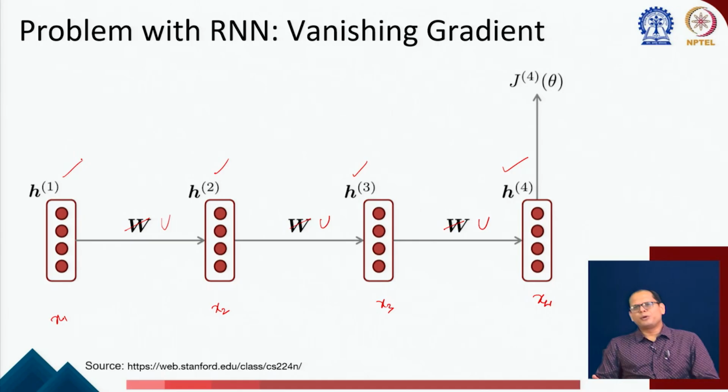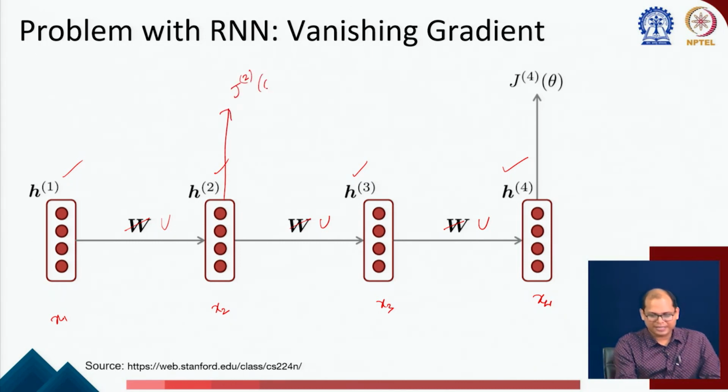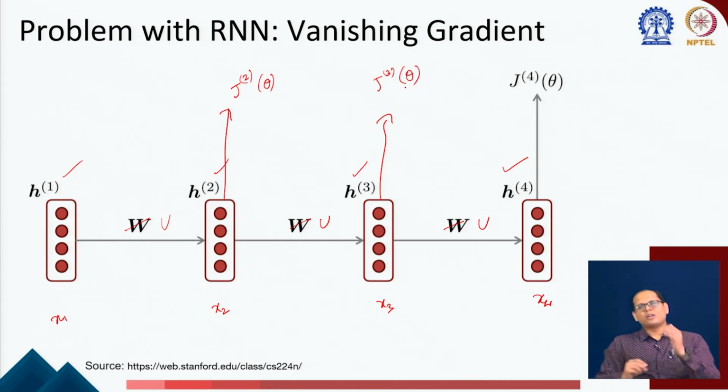You may be doing language modeling, where you have loss computed at every step. So you would have a loss J2 in your parameters at this step, and J3 theta at this step. Now you get the loss, say cross entropy loss, at each step. You accumulate the loss and backpropagate through time, BPTT, to update all your parameters.